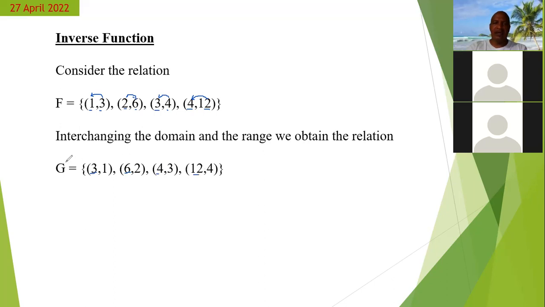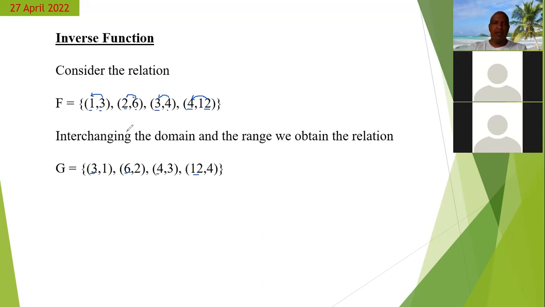So g here would be the inverse function of f, right? This function takes the y values of f, plugs them in, and gets back the x values of f. That's what an inverse function does.